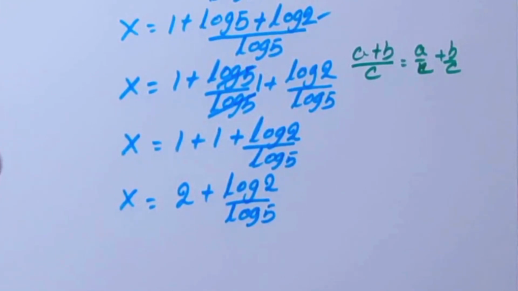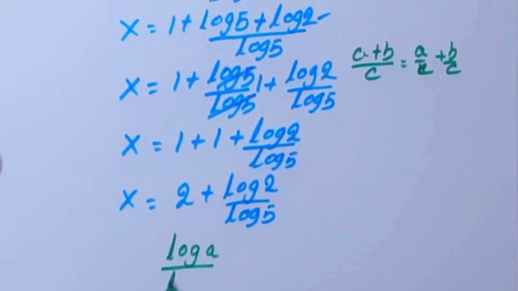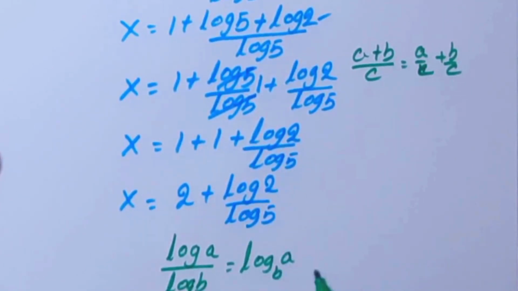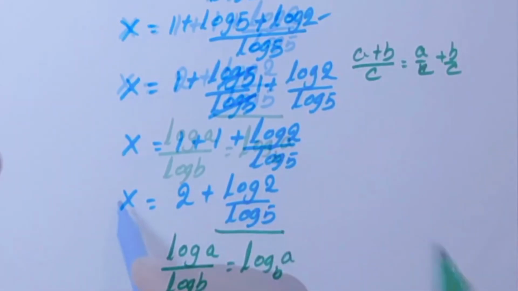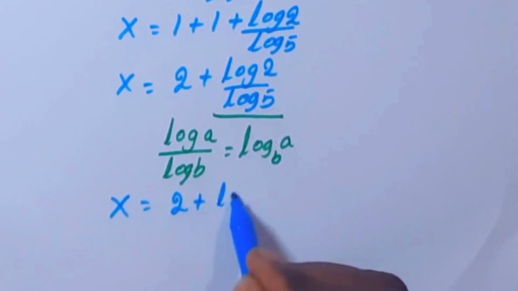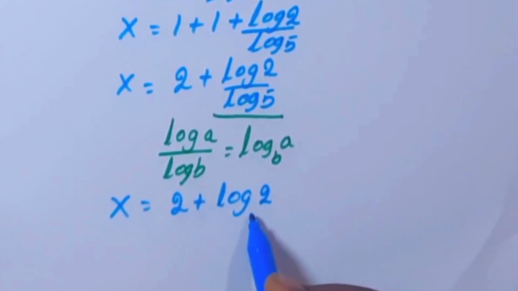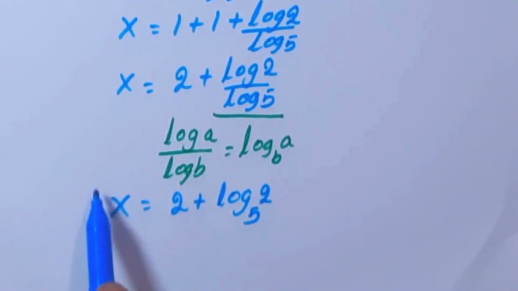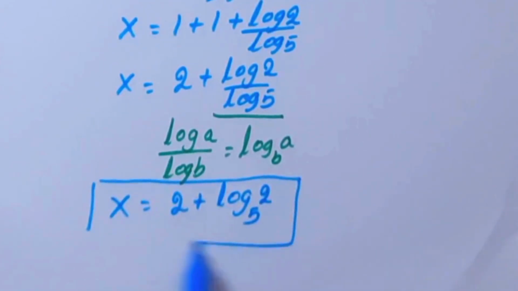Now we know the log formula: log a by log b equal to log a base b. We are going to apply this here. x equal to 2 plus log 2 base 5. This is the x value.